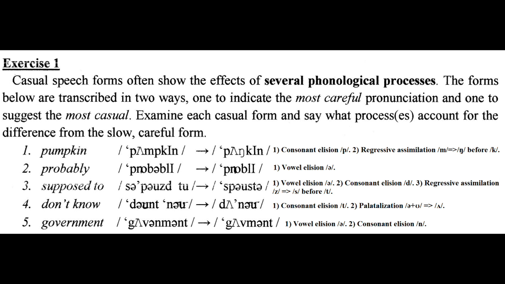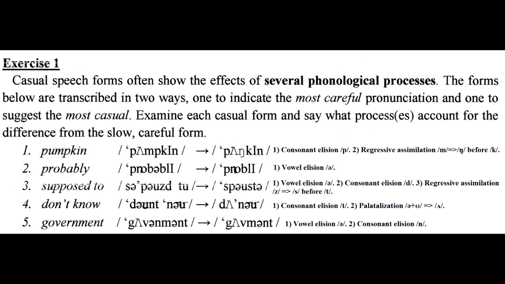The second suggests the most casual, that is the rapid. You are asked to examine each casual form and compare it with the slow, careful form and say what process or processes, maybe more than one, account for the difference from the slow, careful form.